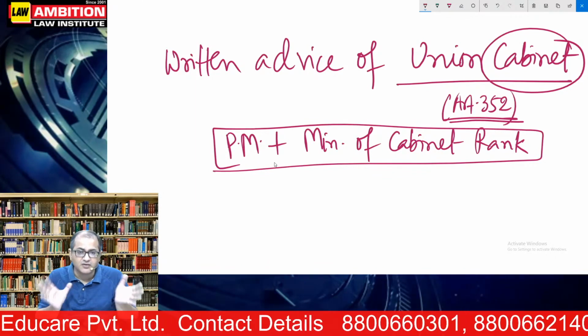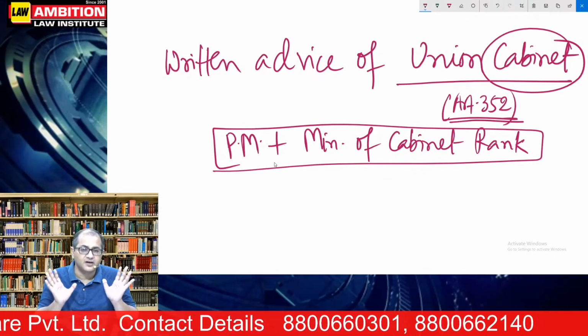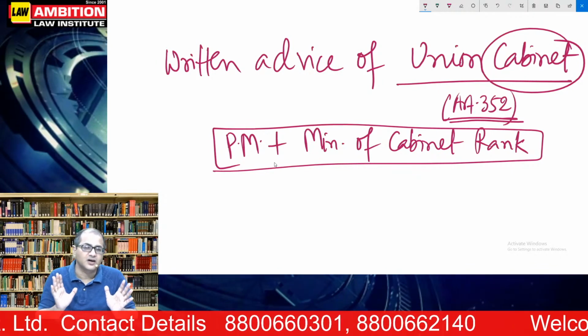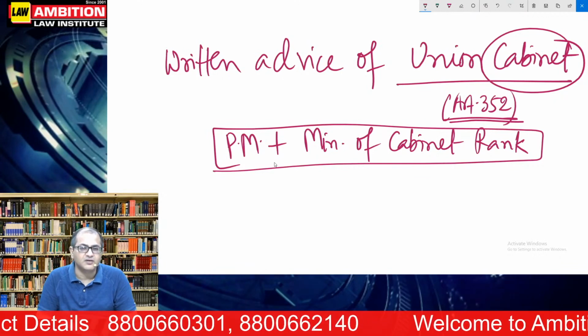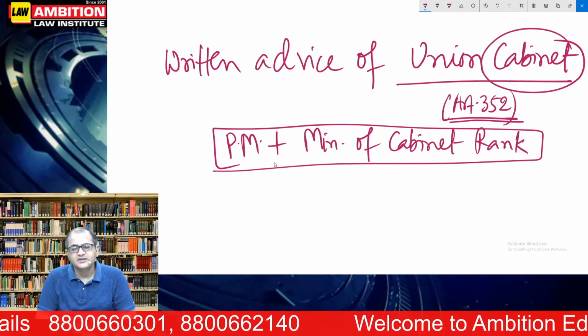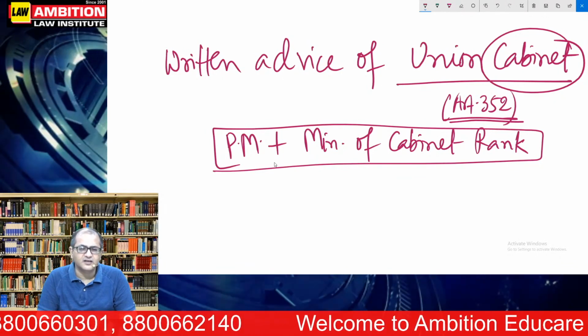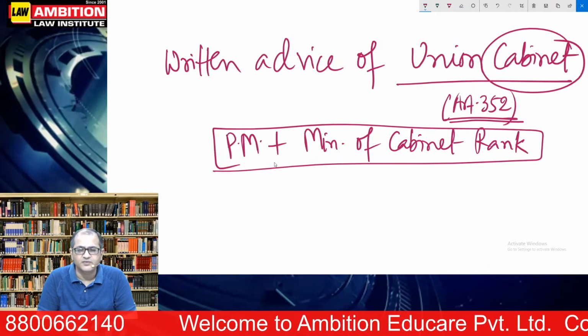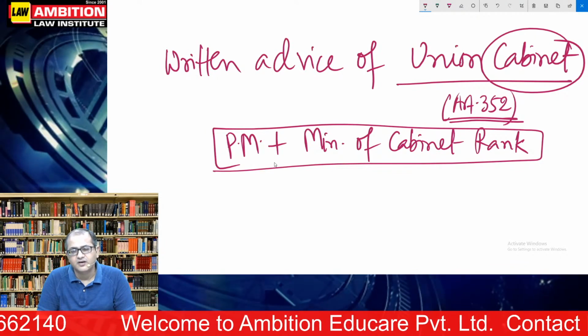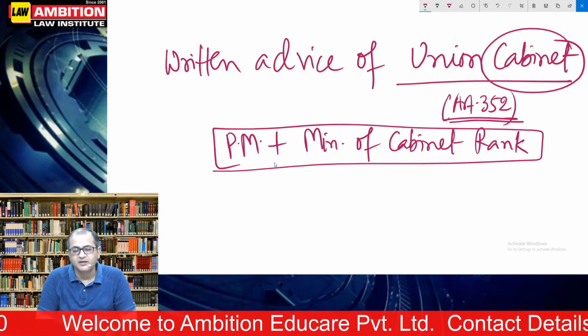If you have majority in House of People, you can rule, you can command, you can control the country. If you do not have majority in Lok Sabha, you cannot do it. So obviously, the Constitution has taken the similar course, and it says that this decision of Union Cabinet has to be laid before Parliament.